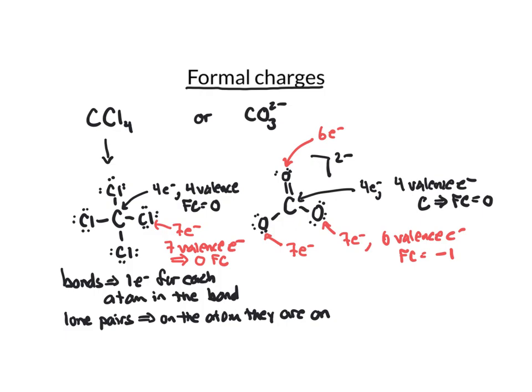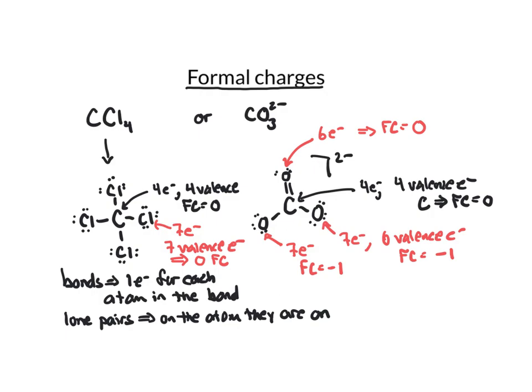And the same thing will be true for this oxygen. It will have a formal charge of -1. However, this oxygen that is doubly bonded has 6 electrons in the structure, and it has 6 valence electrons, and so its formal charge is 0.